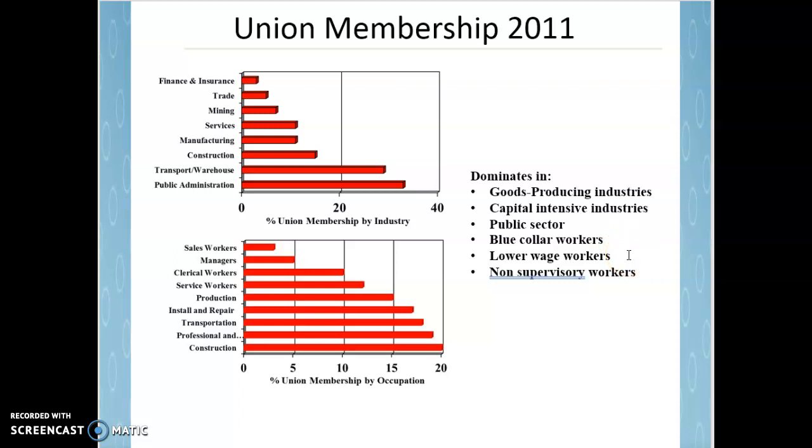Extremely low wage workers generally don't like unions because they have to pay the union dues, and oftentimes the lowest paying jobs are transitory, so people aren't in them long enough to really benefit from a union. But lower wage, meaning lower than maybe the median. And then non-supervisory workers. It's very rare to see unionization in occupations that are management.